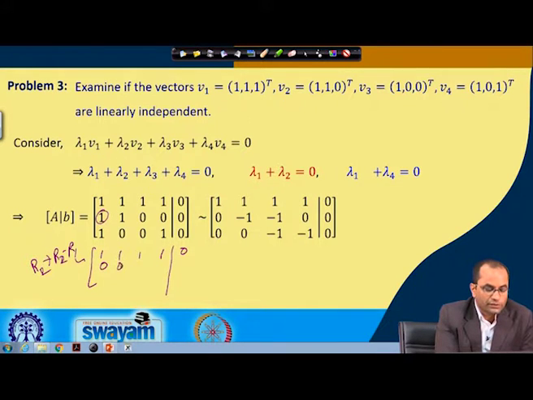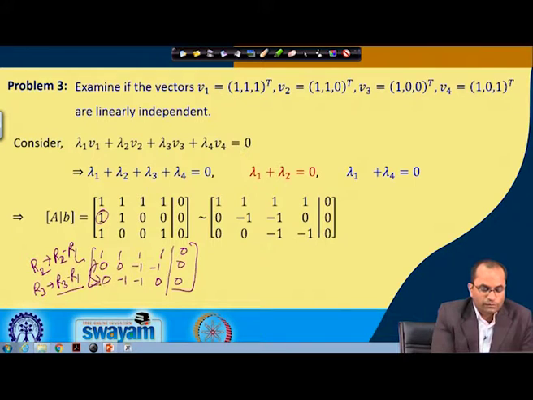So, this is 0, here 0 will get minus 1 and 0. Here again we subtract R 3 minus R 1. So, here we will get 0, minus 1, minus 1, 0, 0. And now we can interchange row number 2 and 3, and we will get exactly this echelon form.